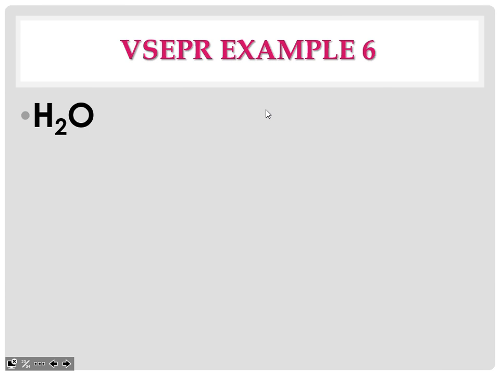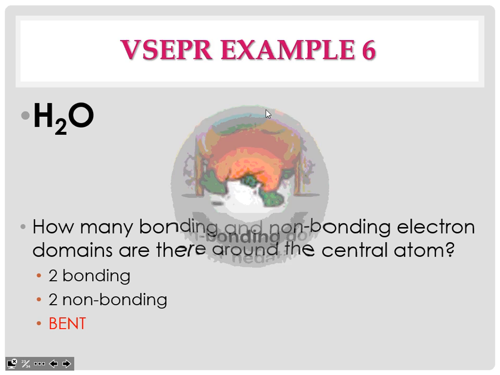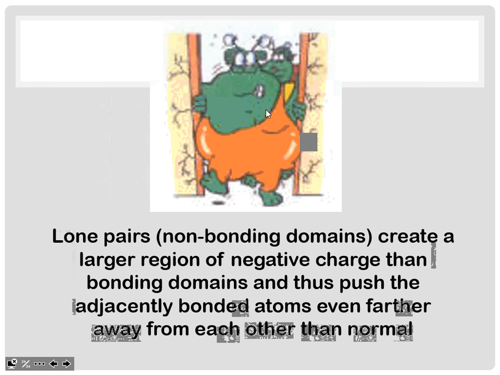Our 6th example is water. We've already done water, so I'm going to skip that one, but it is bent. 2 bonding, 2 non-bonding. It is the other bent. So, lone pairs create a larger region of negative charge than bonding domains. Simply put, for instance, let's take oxygen. Oxygen has 6 valence electrons.